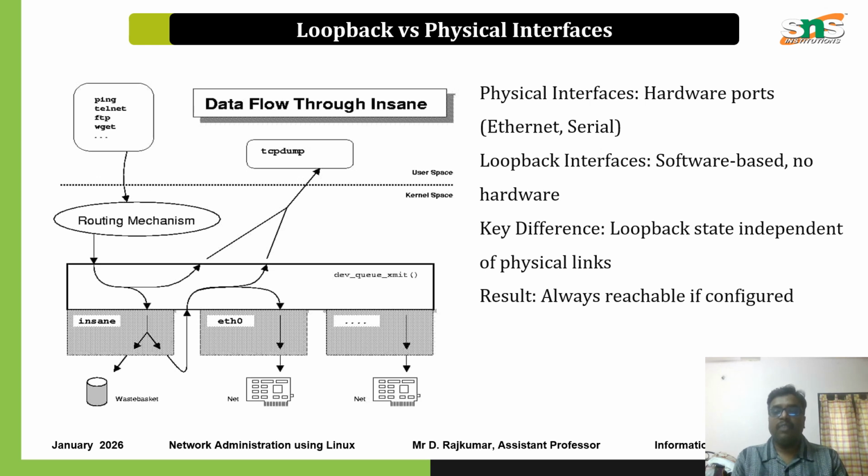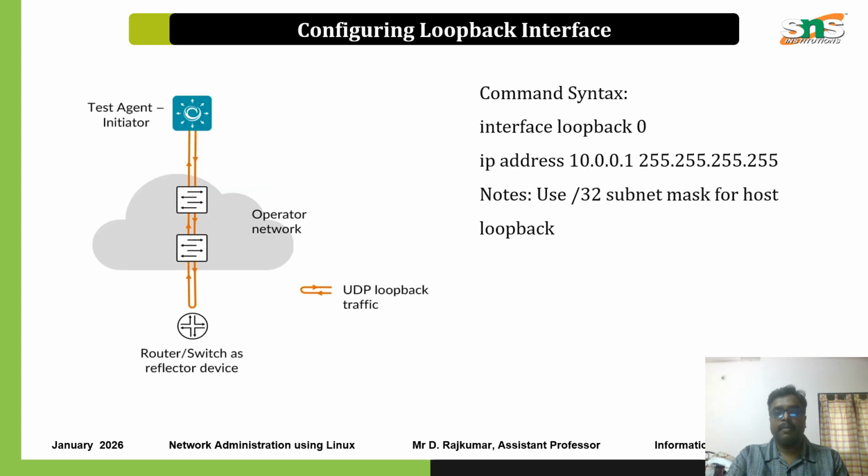The key difference is that the loopback is independent of physical links, and its main advantage is that it is always reachable. Once we configure the system, it never goes off or disconnects.